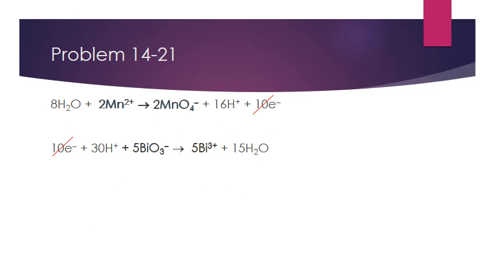Electrons cancel. Great. Okay, 8 waters cancel on the left, canceling with the 15 in the other half reaction, giving us 7 waters on the right. Our H pluses cancel in the first half reaction, giving us 14 H plus in the second half reaction.